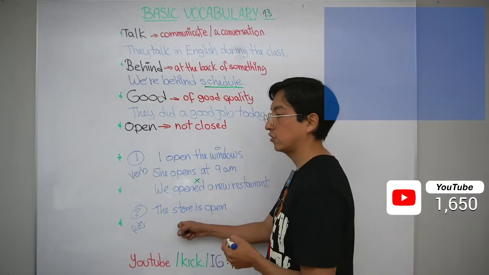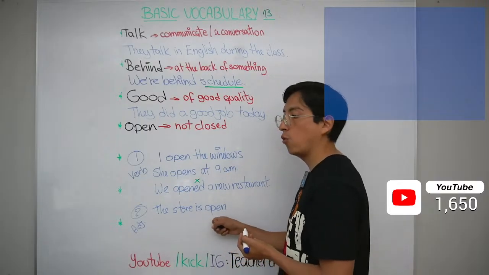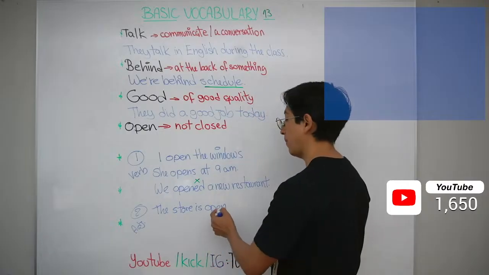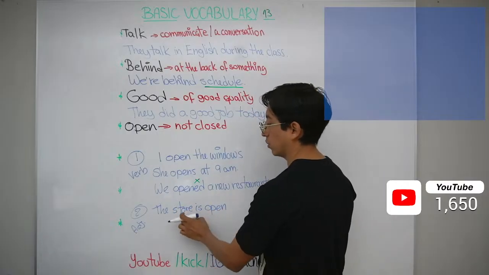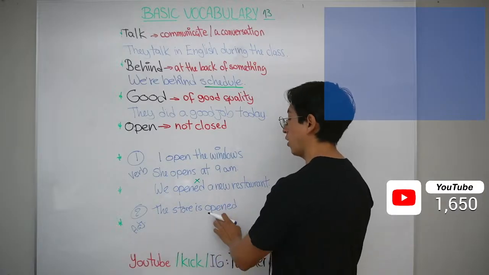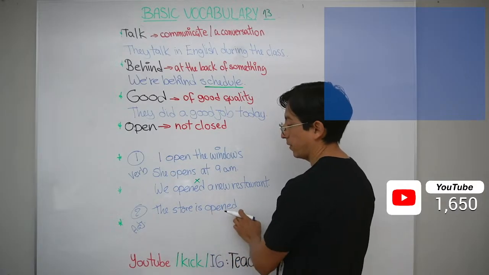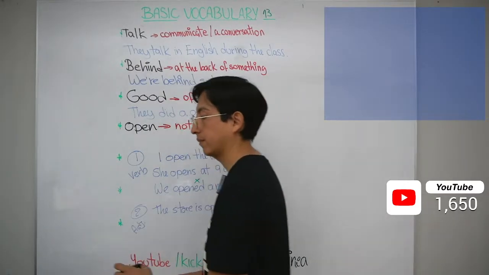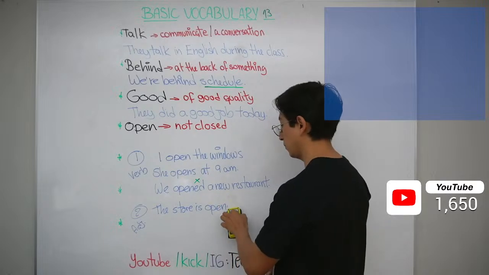Look at this. The store is open. We're talking about the store, as an adjective. We never say the store is opened. Is opened? No. Here we never use this. Okay, let's continue.